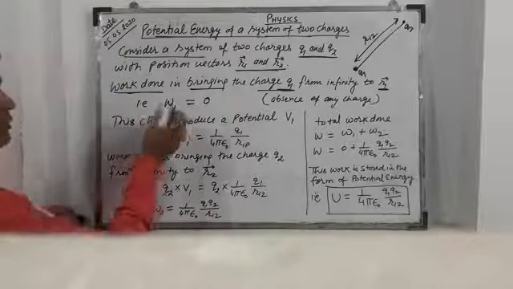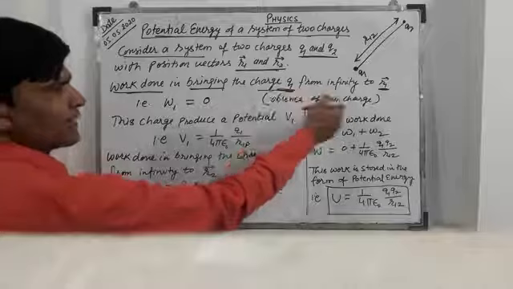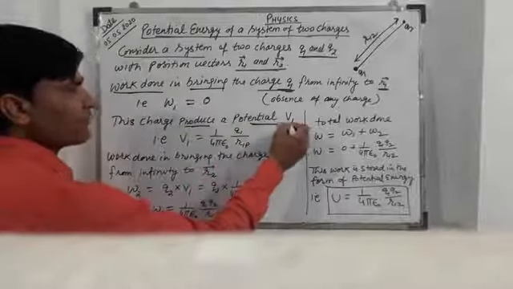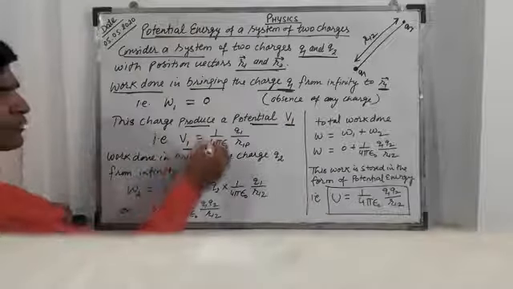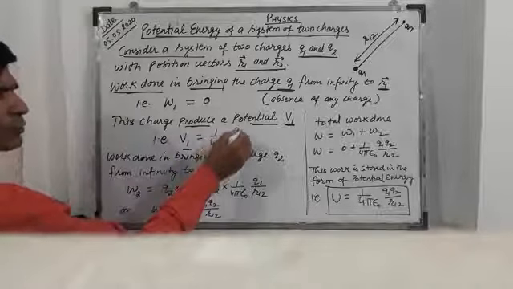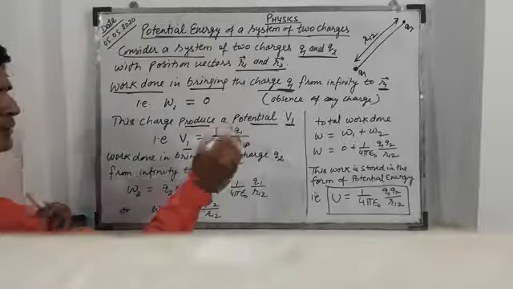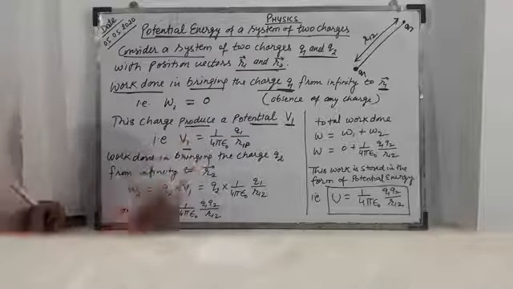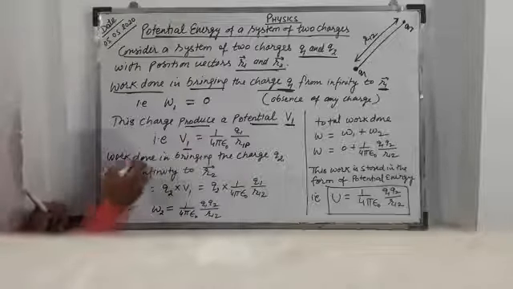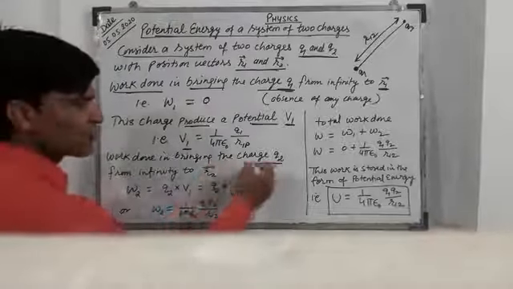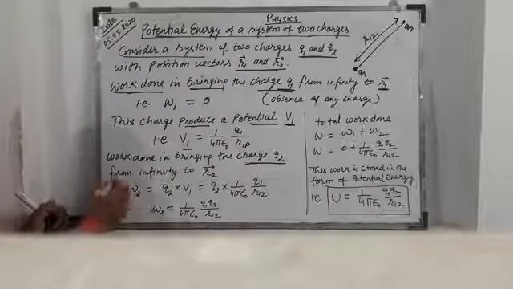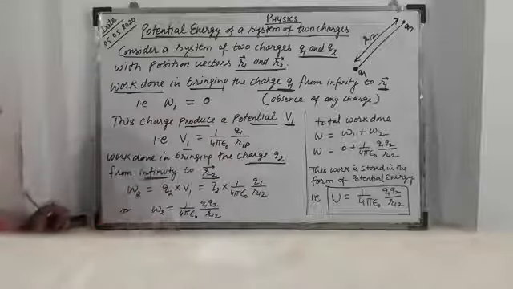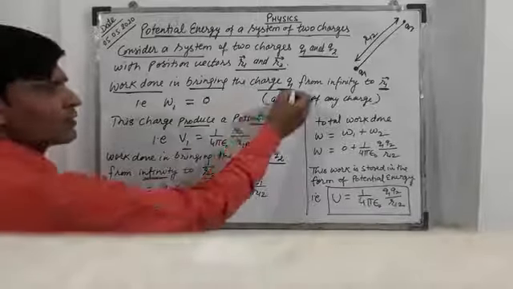Now when the charge Q1 is at R1, it produces a potential V1. That is V1 equal to 1 upon 4 pi epsilon naught Q1 upon R1P, where P is the point at which we are calculating the potential. Now the work done in bringing the charge Q2 from infinity to R2 is done against the charge Q1.